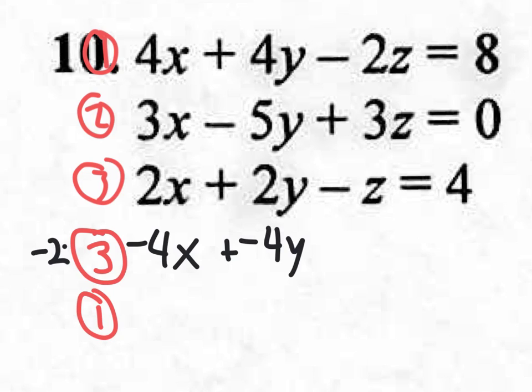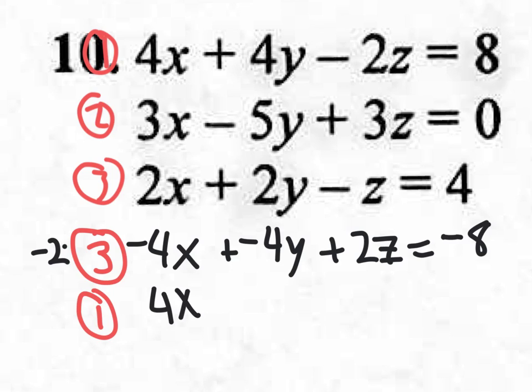And the negative z times negative 2 is positive 2z, equals negative 8. You guys with me? Now number 1, we're going to leave it the same: 4x plus 4y minus 2z equals 8.